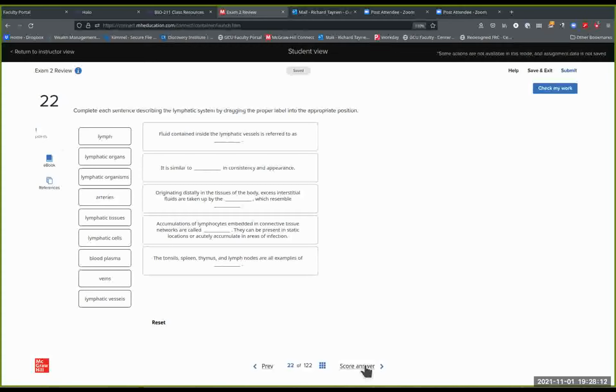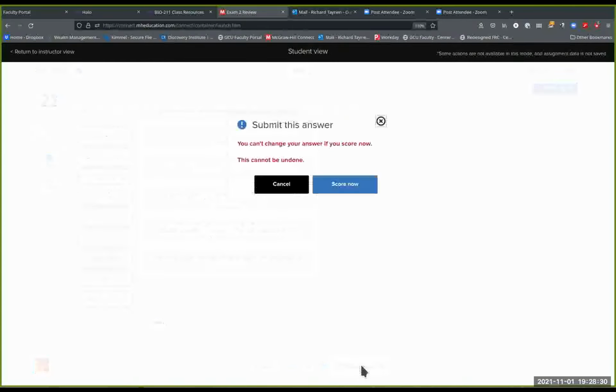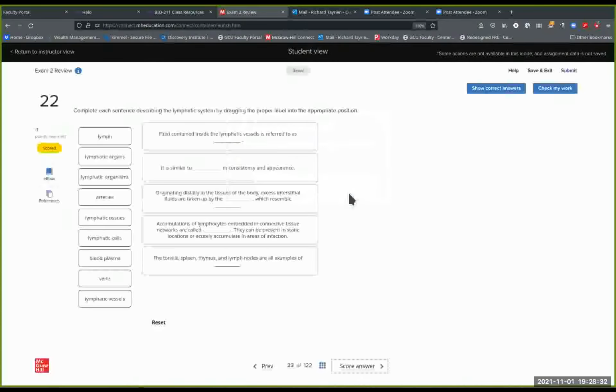Tissues are those things found along the GI tract. Tonsils, I think, are considered organs because they're clumped together in a specific group. So I think those are the main concepts to be gathered there.